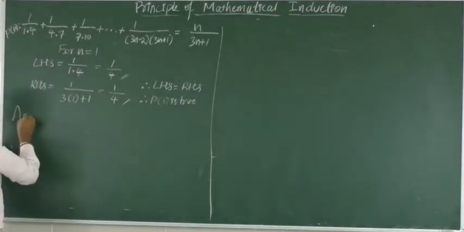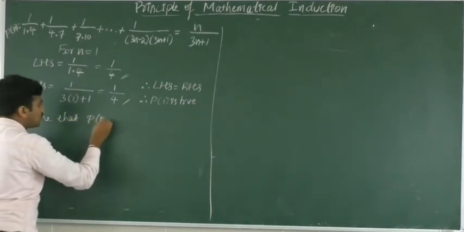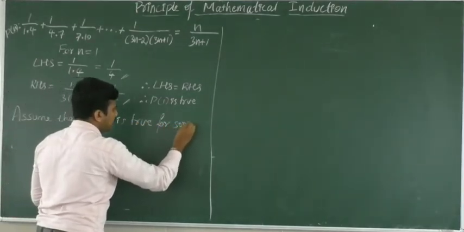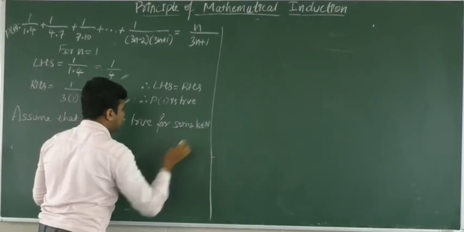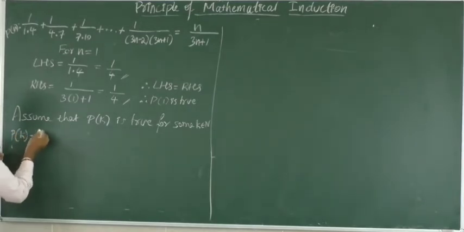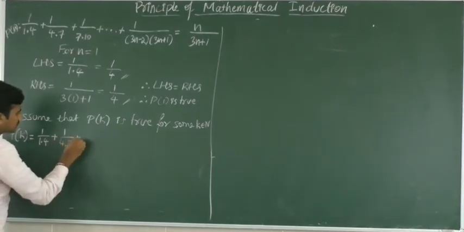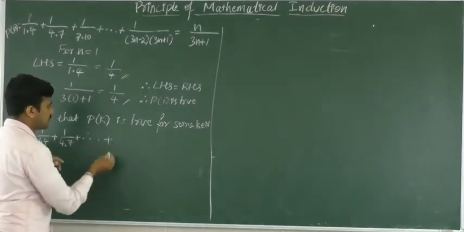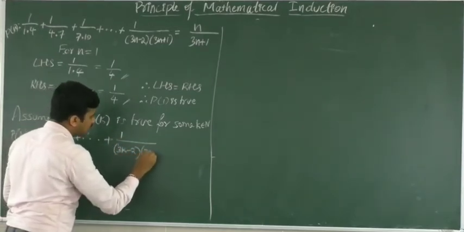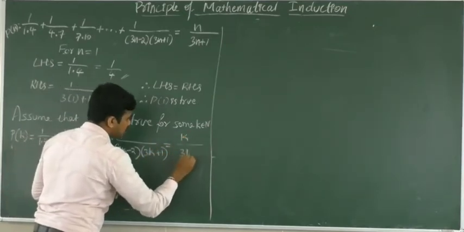Now assume that P of k is true for some natural number k, for some k belongs to N. Then we can write P of k as 1 by 1 into 4 plus 1 by 4 into 7 plus, and so on continuing, plus 1 by 3k minus 2 into 3k plus 1 is equal to k divided by 3k plus 1.